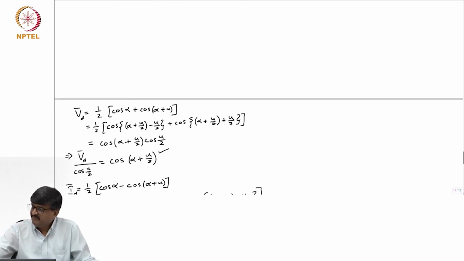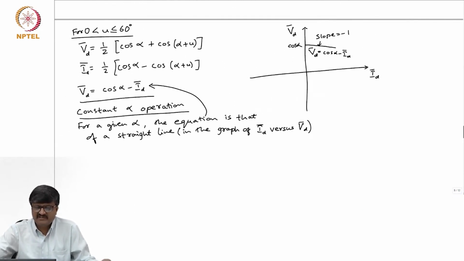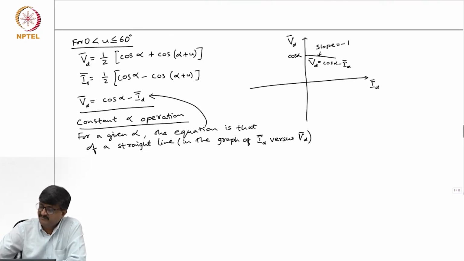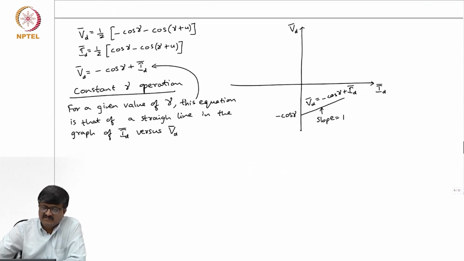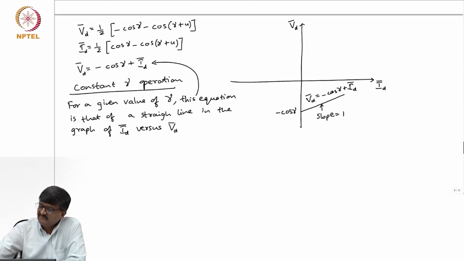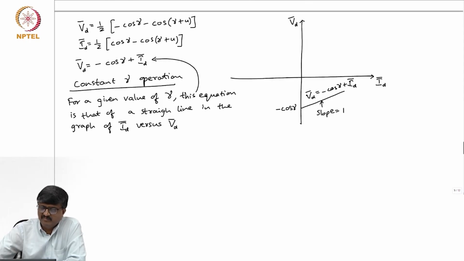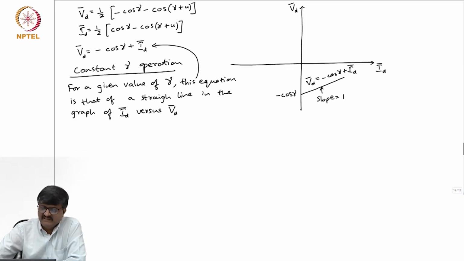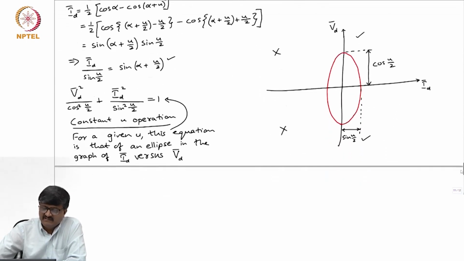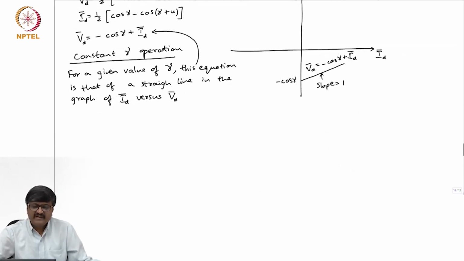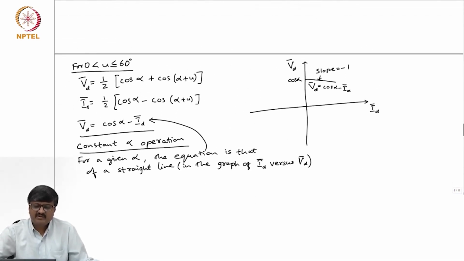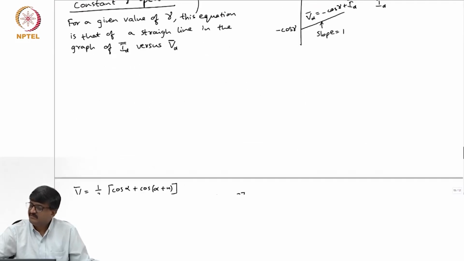So point to notice, if I have constant alpha operation, then in the graph of ID versus VD, I get a straight line with slope minus 1. For constant gamma operation, I get a straight line with slope plus 1 in the graph of ID versus VD. And for constant u operation, I get an ellipse in the graph of ID versus VD. So these were obtained for u greater than 0 and less than or equal to 60 degrees.